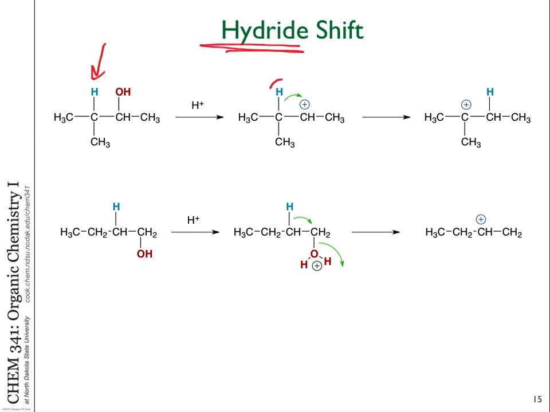The hydrogen with its pair of electrons hops over. Okay, and again, this only hops over one position. So if it can become more stable, if it can go from a secondary carbocation to a tertiary carbocation, that hydrogen will move. If no hydrogen is available, like we saw in the previous slide, a carbon can move.